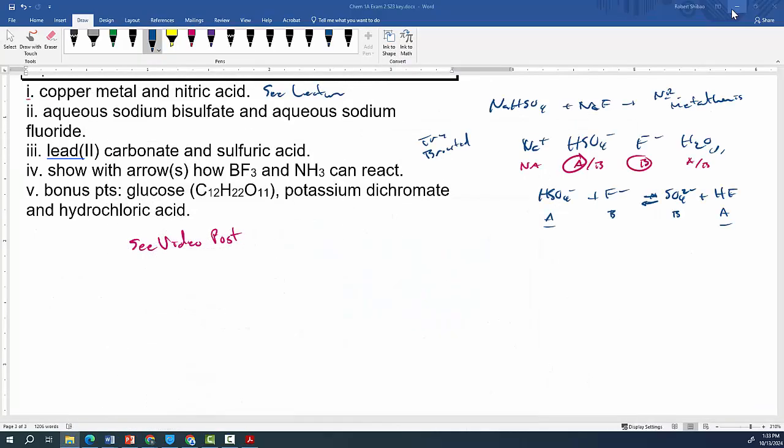So bisulfate is the stronger of the two. So this is going from stronger acid to weaker acid, and so this is our driving force. So we expect a reaction between these two, and the bases will follow because of the conjugate relationship.